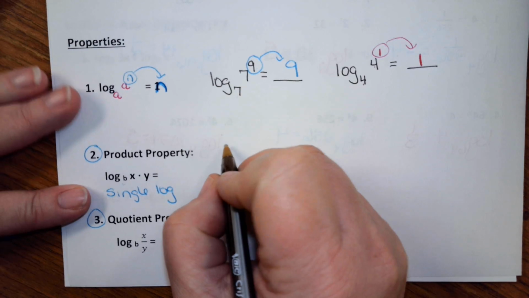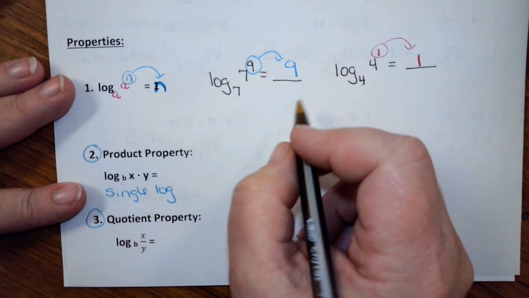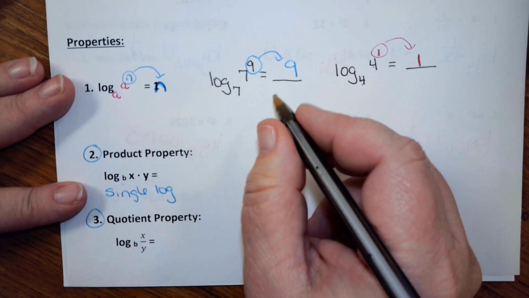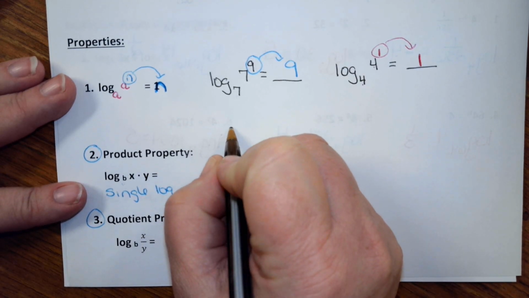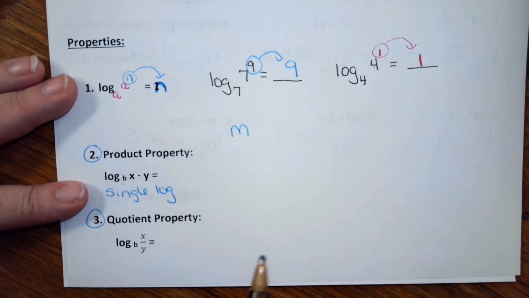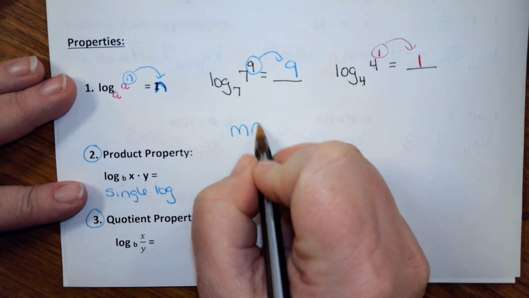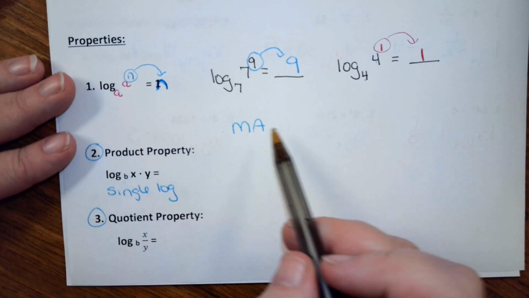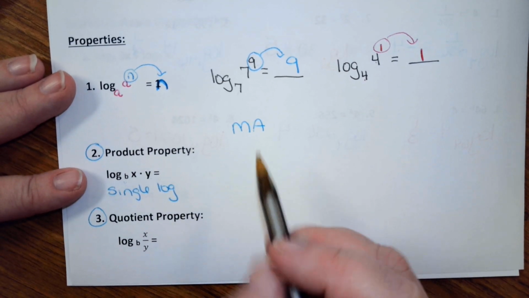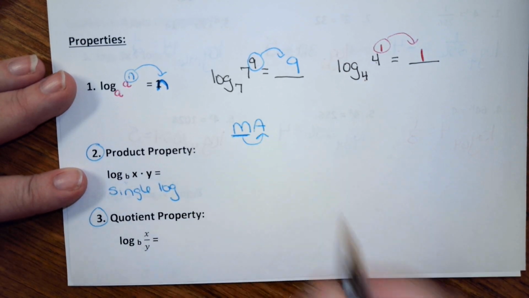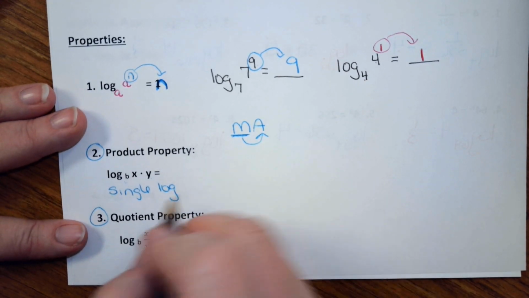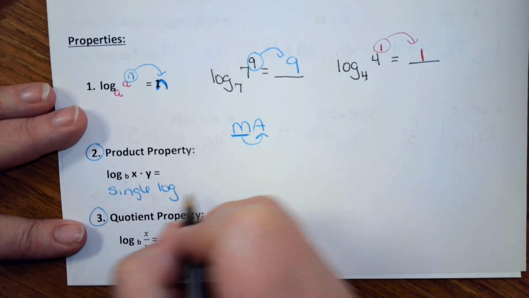Okay. All right, so think back to 8th grade math and probably a little bit of math 1 when you learned the rules for exponents. You learned that when you are multiplying like bases, you add the exponents. So that rule kind of applies to logs. When you are multiplying, you're going to add the logs to put it in expanded form. So we want to go from single logs to expanded form.